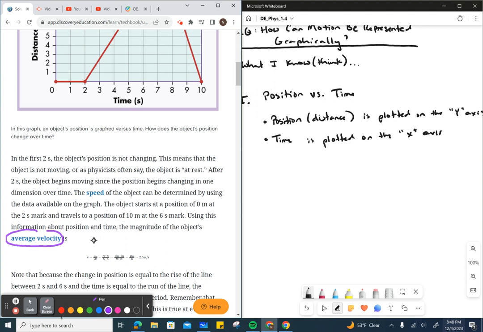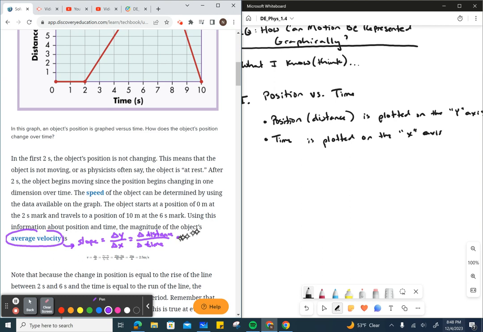So that was the slope, which we said was the change in y over the change in x. And what was y? The y-axis was distance. So that's the change in distance over the change in time.